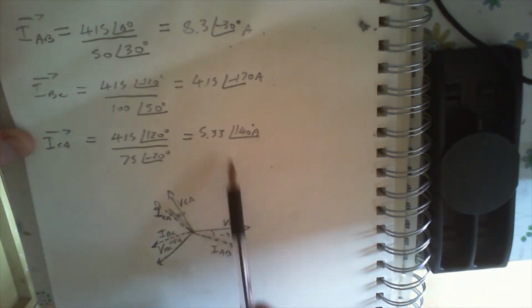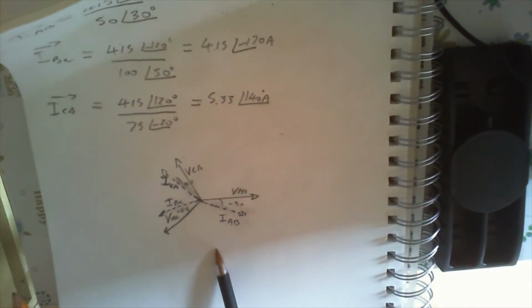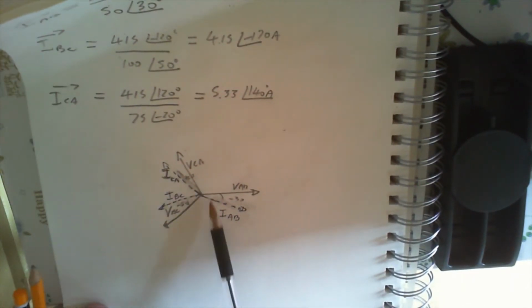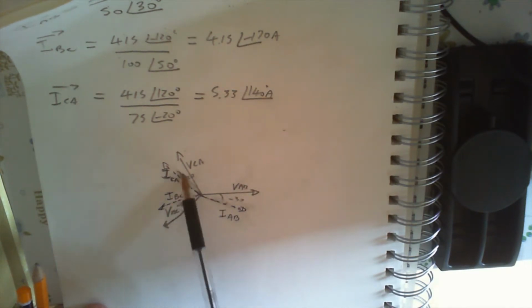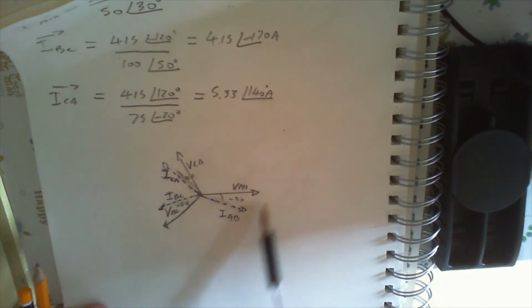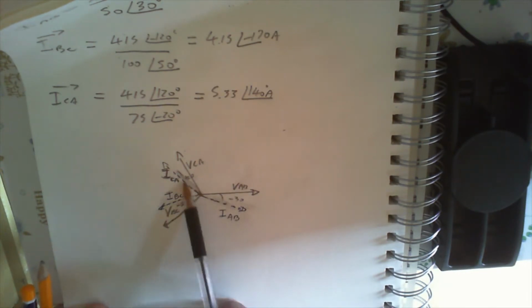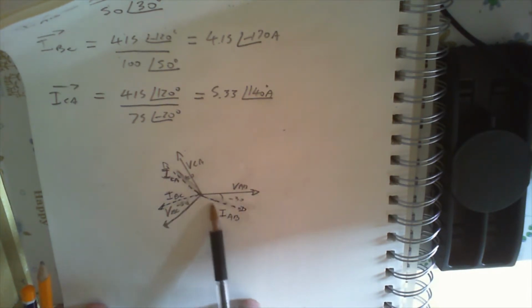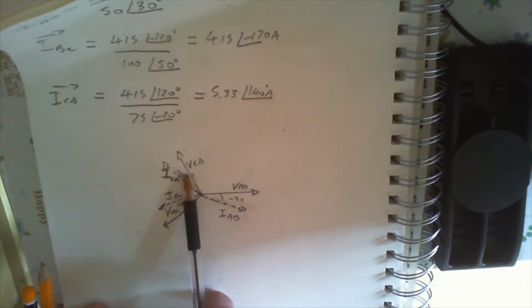And there you go, there's your phasors there. And what I've done here is I've drawn in the voltages, VAB, and the associated currents for each line to line. And the currents on pen there. And that's just to illustrate again that IAB is lagging by 30, IBC is lagging by 50, but ICA is leading by 20.